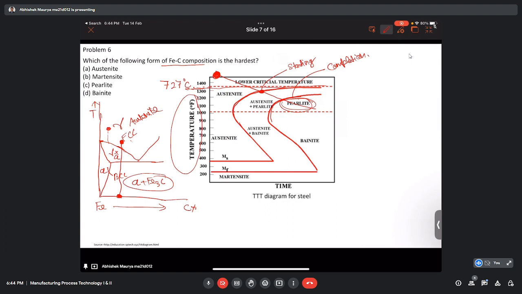If the cooling rate is too slow, then in this region we will get coarse pearlite.